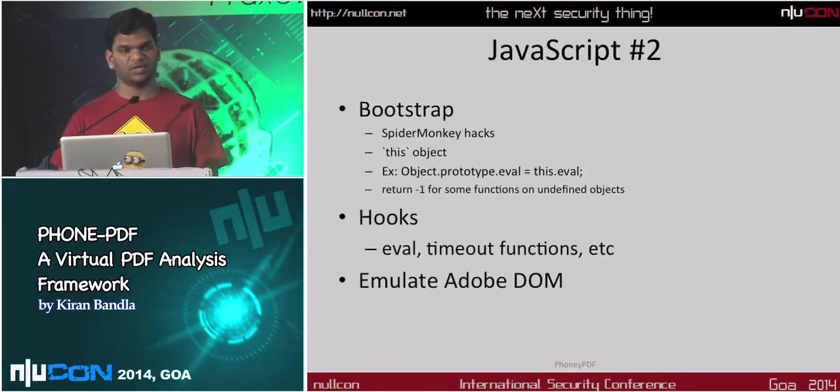And then there's hooks. So the emulated JavaScript actually hooks a lot of interesting functions, eval obviously, and a lot of the other timeout functions like setTimeout and setInterval and all those other things which are heavily abused by malicious JavaScript programs. And there's of course also the XFA DOM. So when you parse the XFA forms in a PDF, even the forms can be accessed from inside JavaScript that's embedded in the PDF.